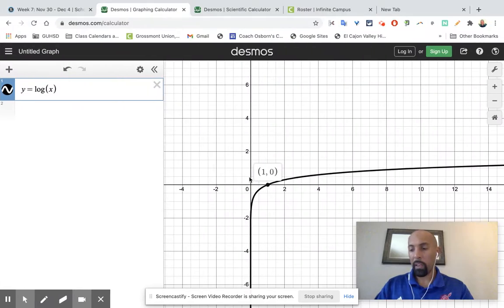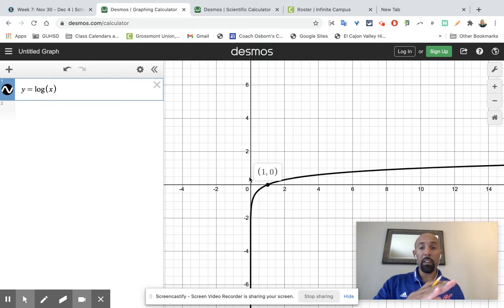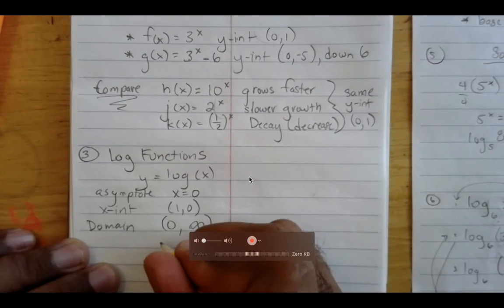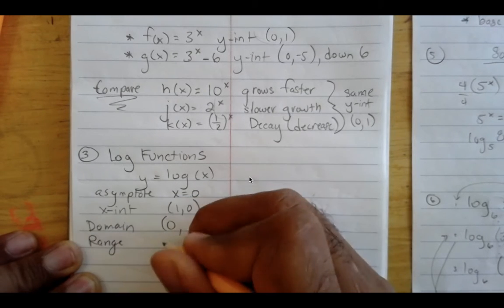And then for the range, it does go down forever, and it does go up forever. I know it doesn't look like it, but as it goes off in this direction, it is going up just really slowly, and it continually does that forever. All right, so it's going infinitely in both directions, up and down.